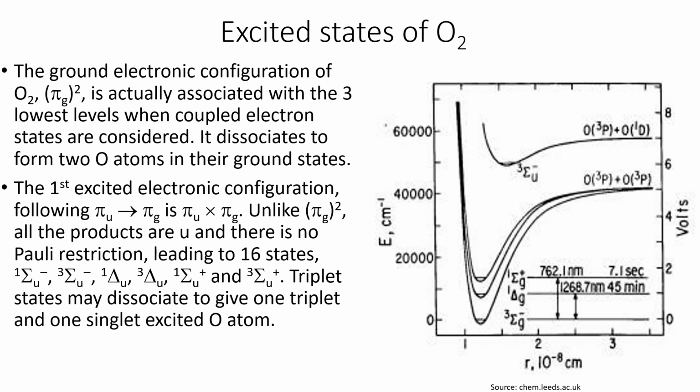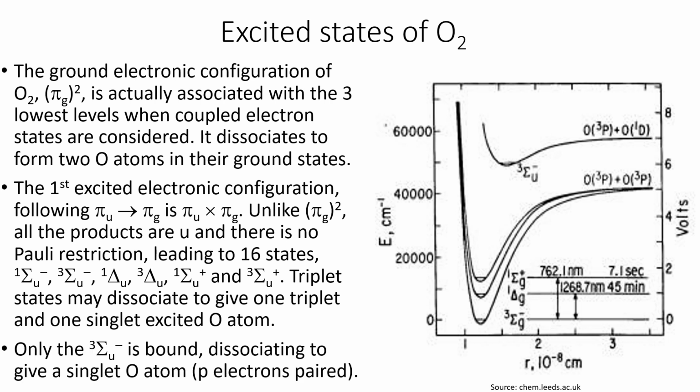And so when you sum all these projections of the L vector, it comes to plus 2, and that translates into D in spectroscopic notation. A bit like the D orbital was L equals 2. So that's quite interesting. And also we see that we've got a triplet plus a singlet product. And so I think that is allowed when we start from a triplet starting material. We haven't violated a spin quantum number.